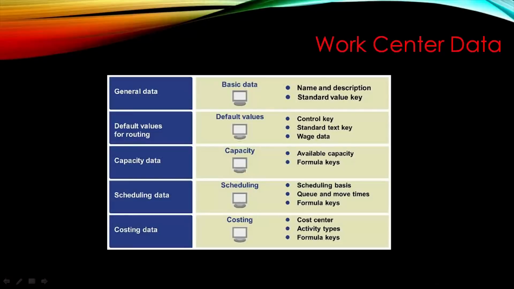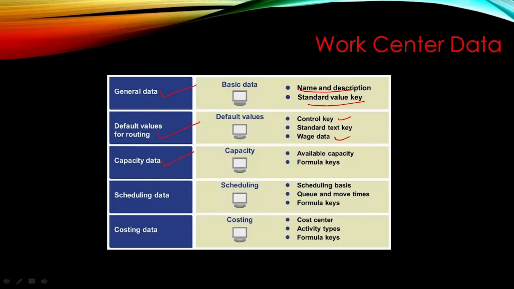So in SAP, the work center data is divided into 5 different areas. The first area is the general data, where you can maintain the name and description, standard value key. Then you have the default values for routing, where we can maintain the default values that should be used, like control key, wage data, and all that.